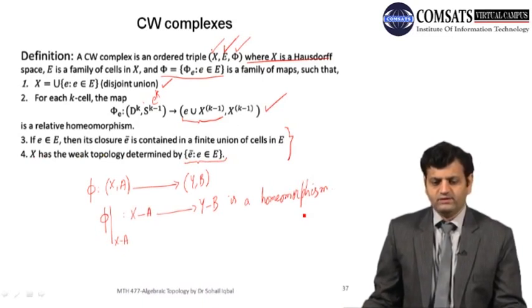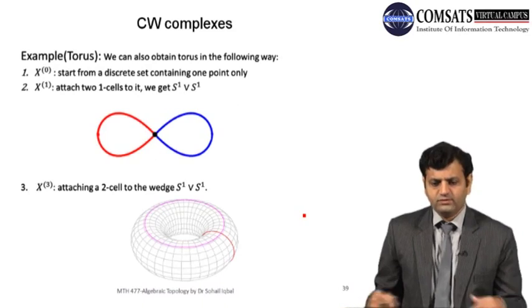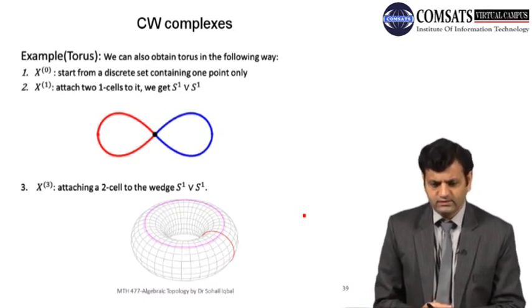Once again, axioms 3 and 4 only count when E, the collection of cells, is infinite. A CW complex is finite if E is finite, and if this is finite, then axioms 3 and 4 are redundant.